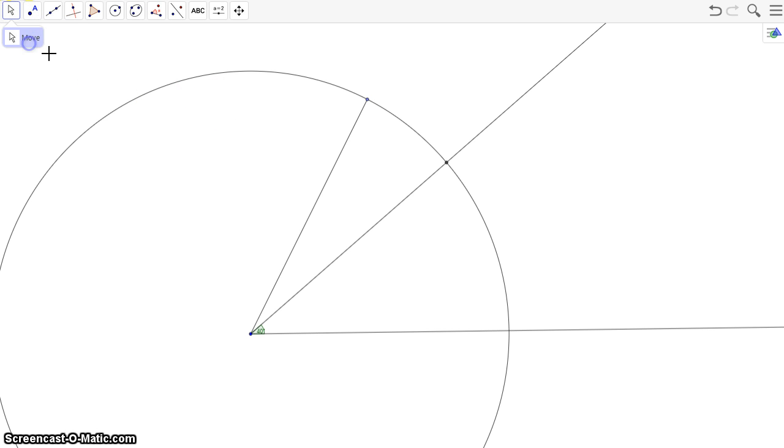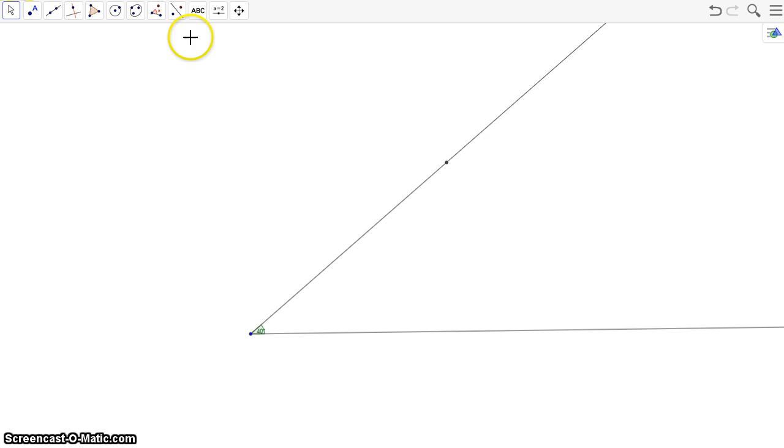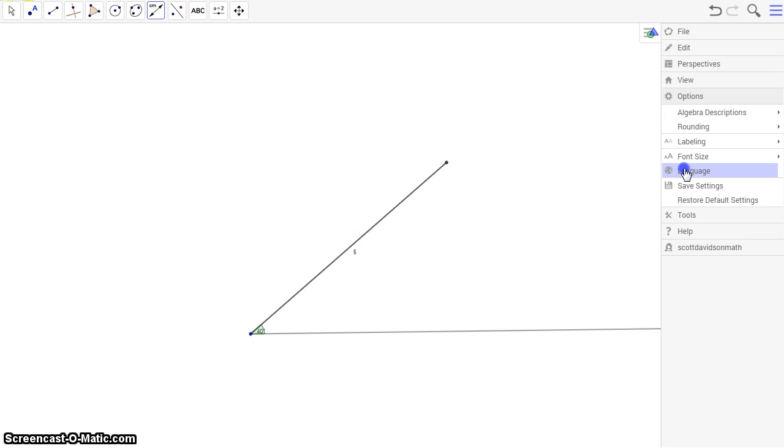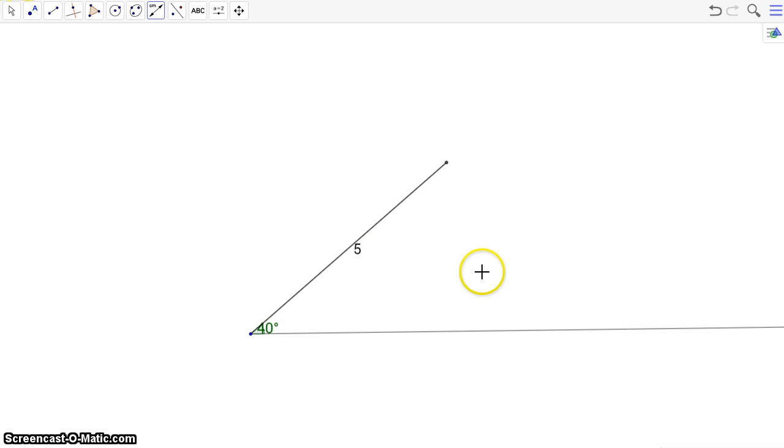After using that circle, and this is just the way we would use a compass to do that, this now gives us a segment or a side of our triangle that is 5 units. And we can measure that distance. It is 5. Let's make our font a little bigger so we can actually read it. There we go. So we have 5 units, we have 40 degrees.